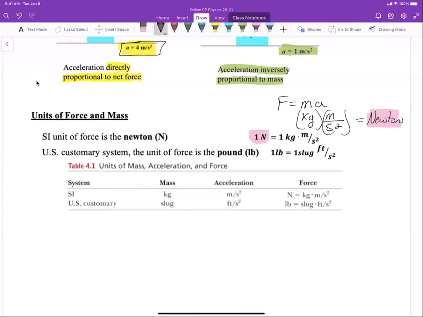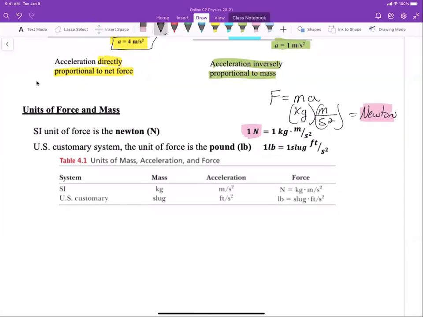So let's take a look at this. We are using the SI system in class. So for mass we use kilogram, for acceleration we use meters per second squared, and a Newton is equal to a kilogram meter per second squared. Now notice in the US, we use feet per second squared. And I'm sure this is some surprise to you, but pound is not a measure of mass. Pound is actually a measure of force.